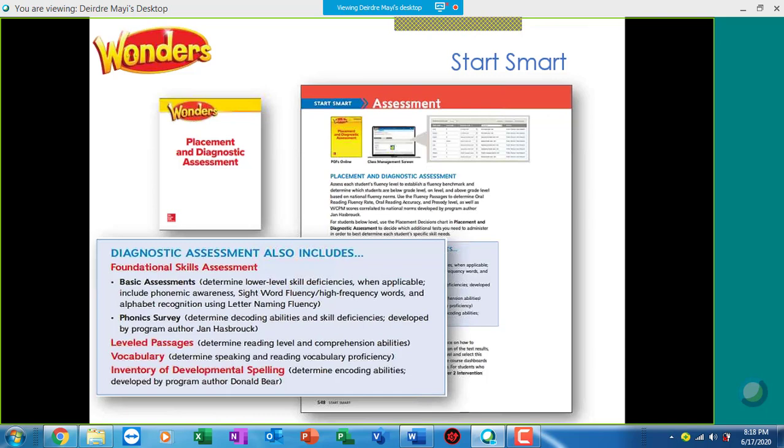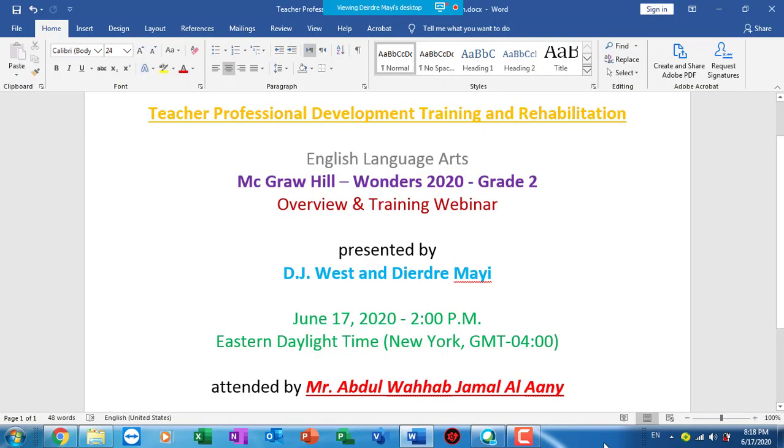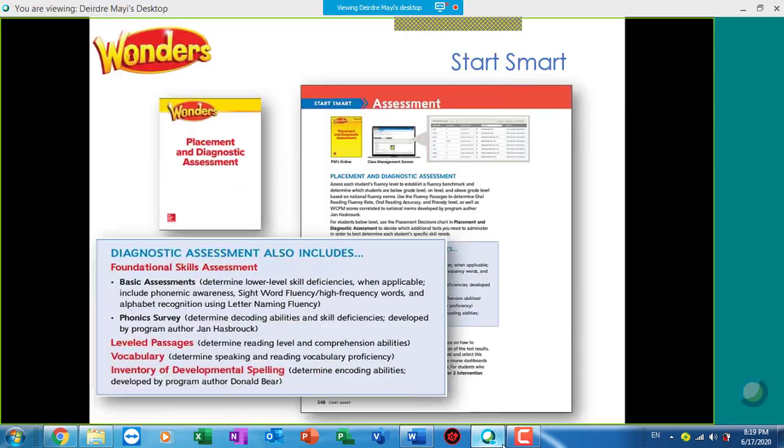It could be that students' foundational skills might not be what they used to be. You will be able to use our placement and diagnostic assessments to perform various types of assessments during Start Smart, if that is your wish.